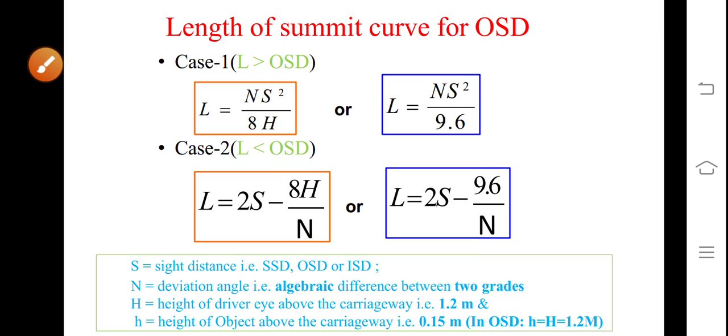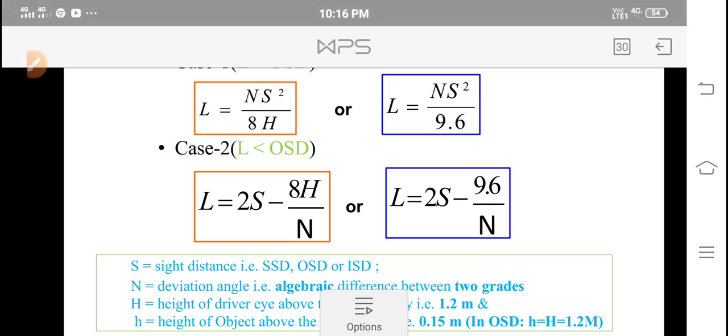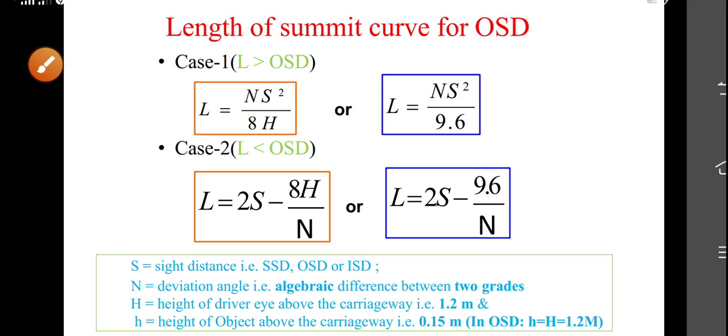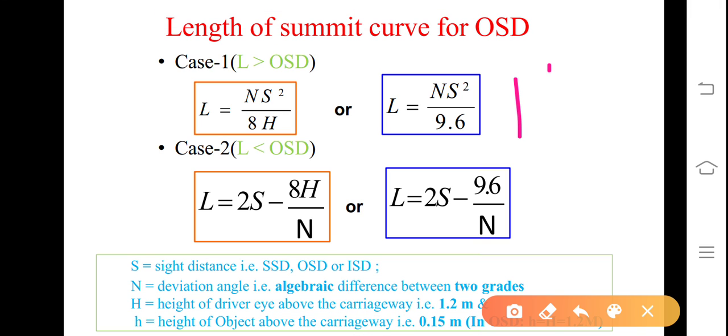Next, length of summit curve for overtaking sight distance. Similarly, here also case 1, L is greater than OSD, and case 2, L is less than OSD. I need not say much about this. Simple equation, L = N S squared by 8h, because here H is equal to small h, equal to 1.2 meter, which you have already studied under OSD, overtaking sight distance.